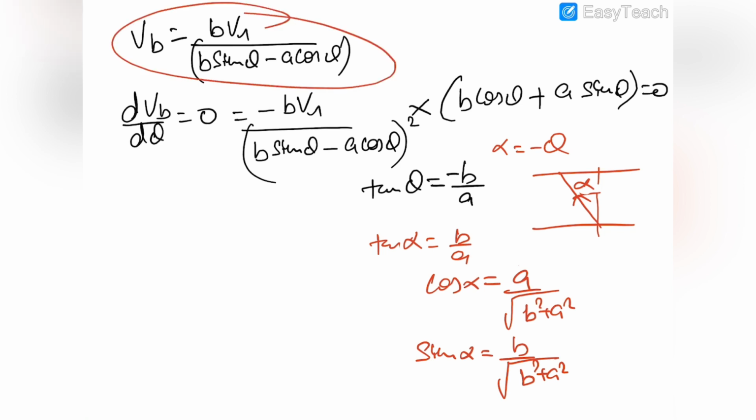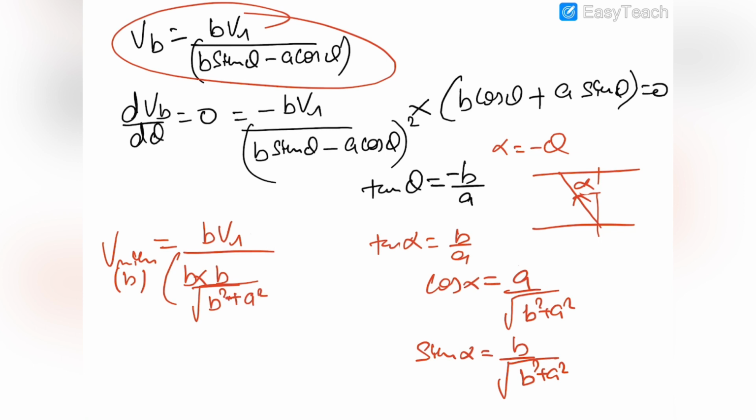So V B minimum is equal to V B into V R, this is B into V R divided by B into sin theta, which is B upon under root of B square plus A square with a negative sign.